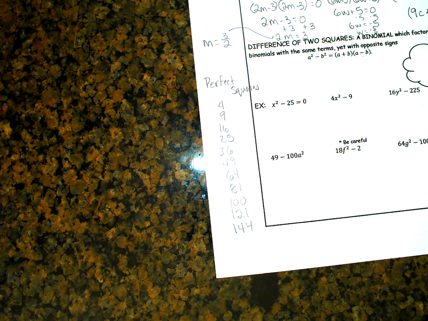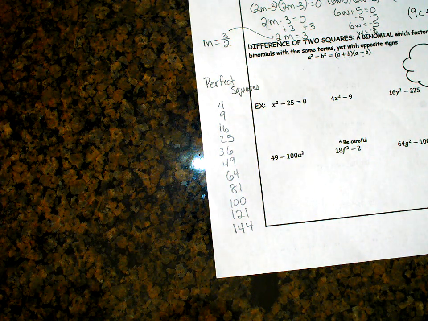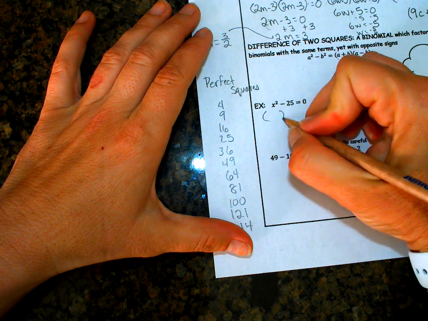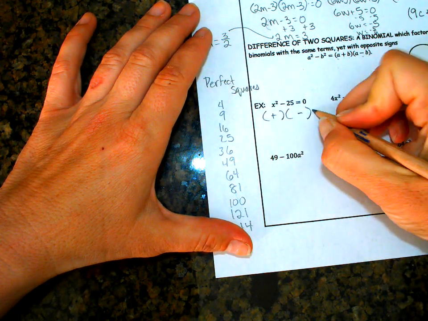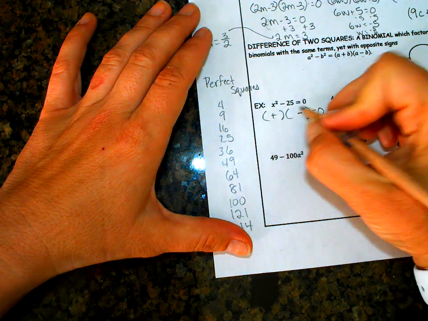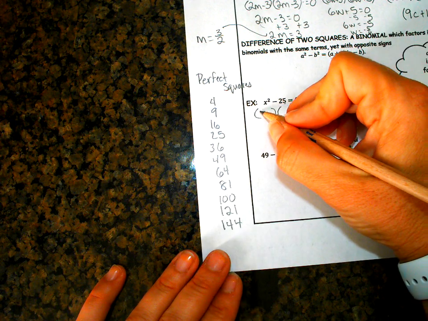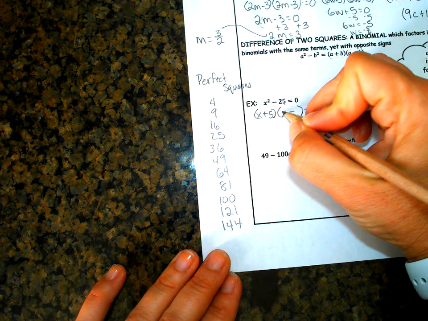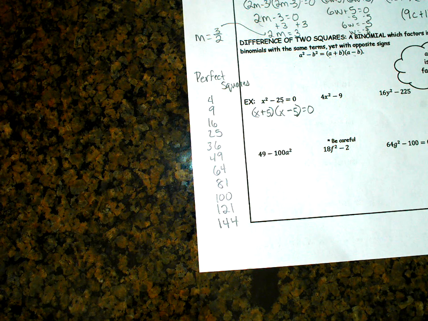Those are my perfect squares. So then, difference of squares means one of my signs is positive, one of my signs is negative. Well, what makes 25? 25 is a perfect square. X plus 5, x minus 5.